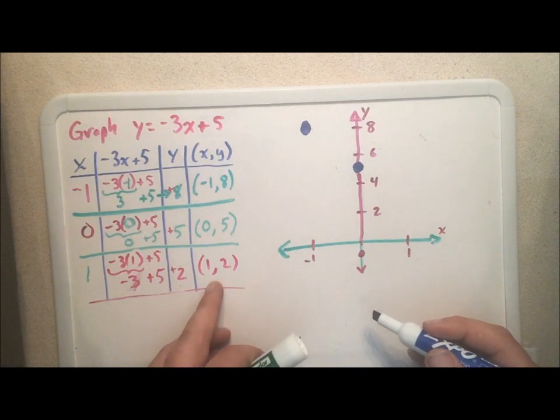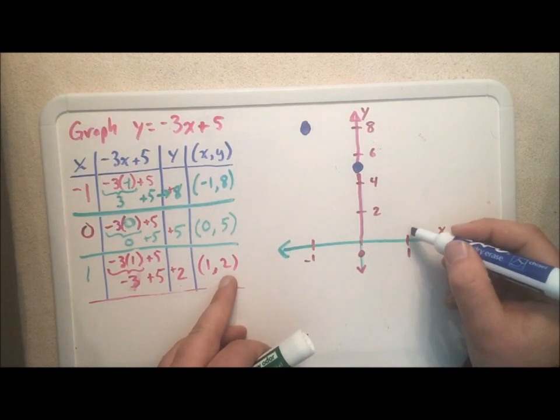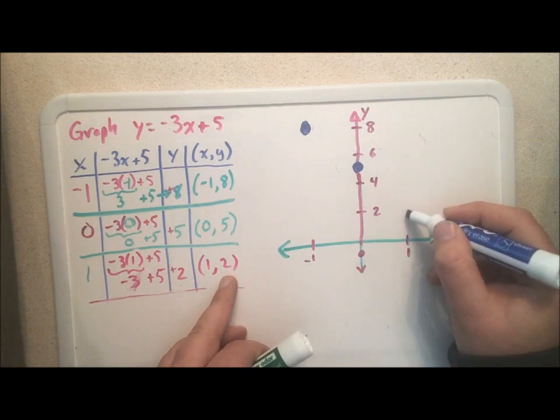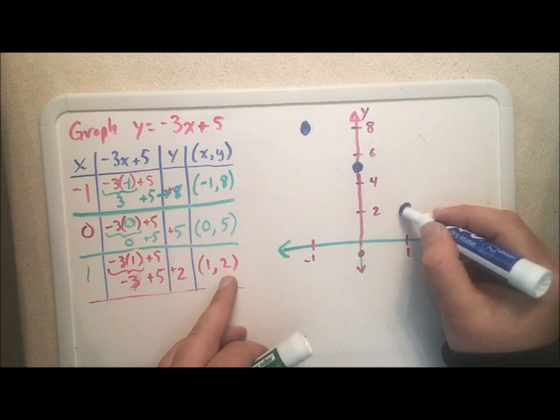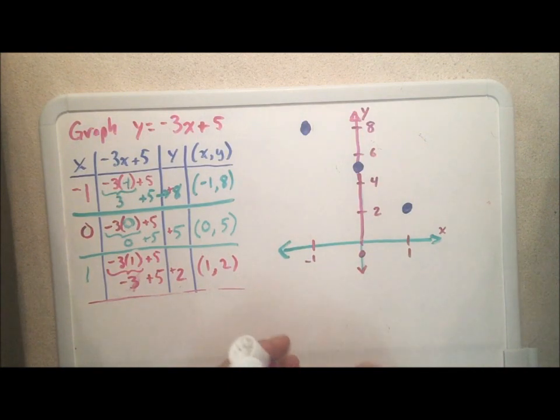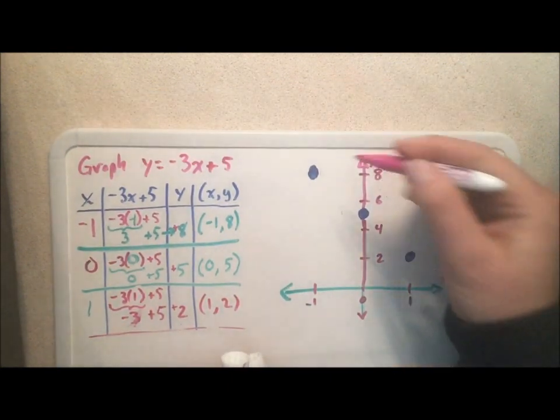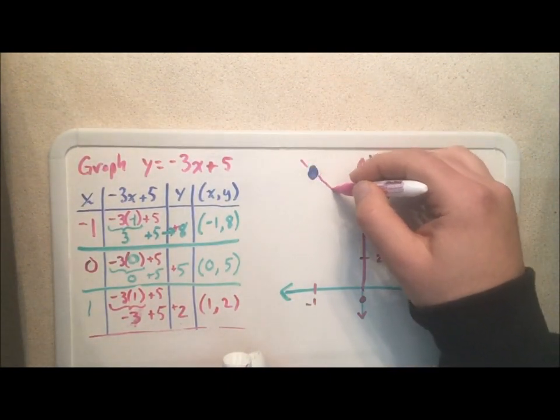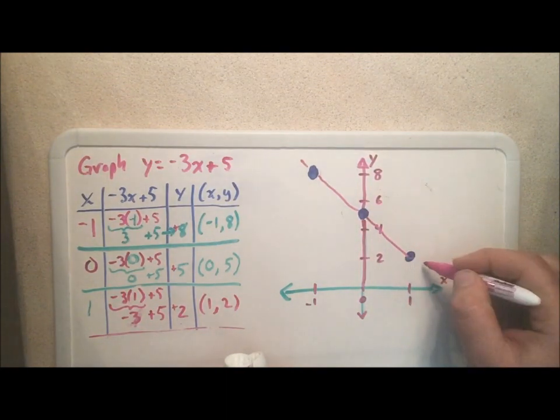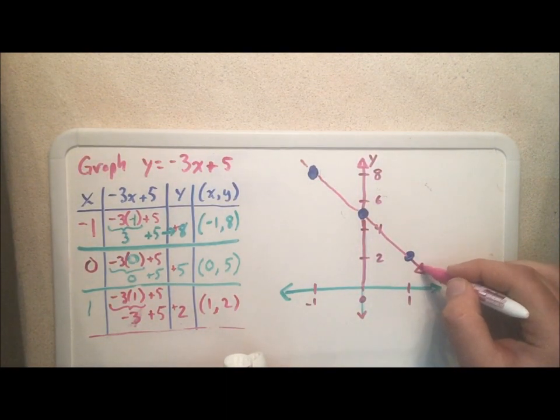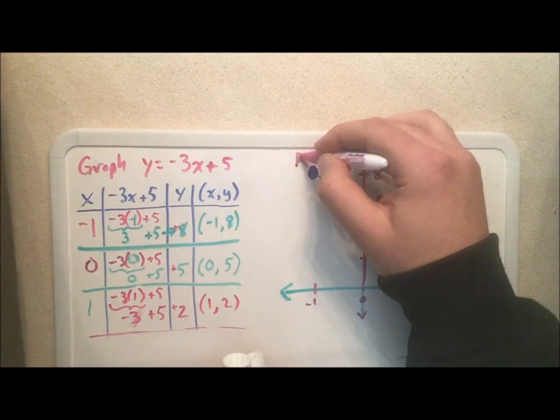And then our third point, we're 1 unit to the right, and 2 units high. There it is. Now that 4 is going to get covered by the line. That's okay. So our last step is we just draw our line, arrow tips on the end of our line.